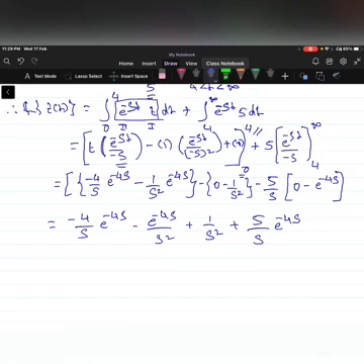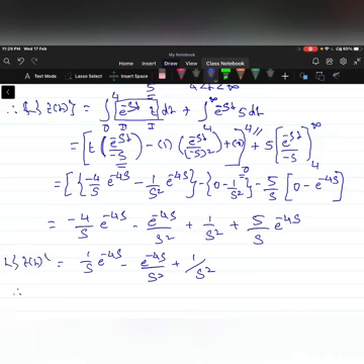Here minus 4 by s into e power minus 4s plus 5 by s into e power minus 4s gives 1 by s into e power minus 4s, minus e power minus 4s by s square plus 1 by s square. Therefore, Laplace of f of t is equal to 1 by s into e power minus 4s, minus e power minus 4s by s square, plus 1 by s square, when s is greater than 0.